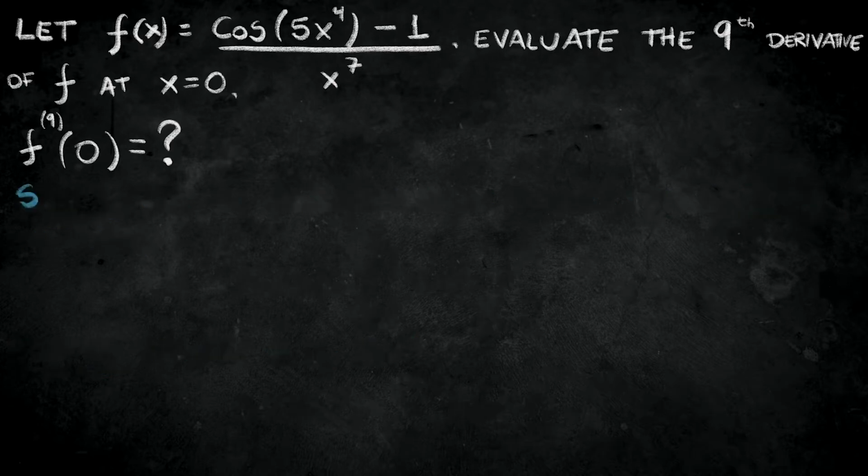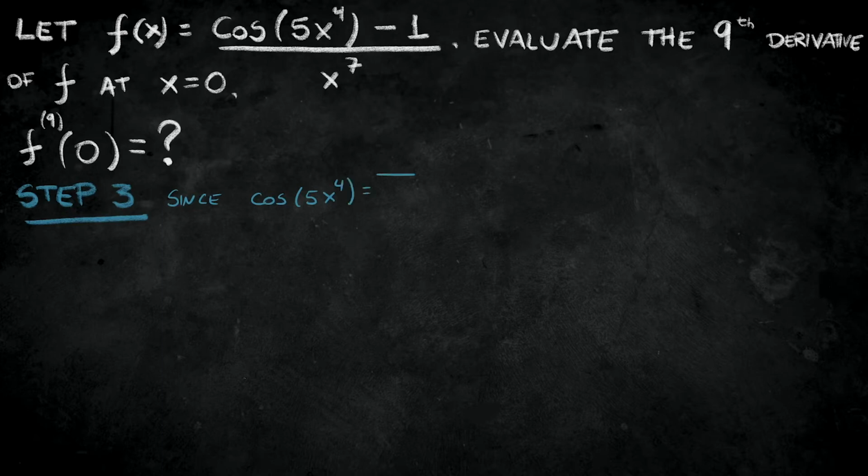Great. Now, step 3. Since cosine of 5x to the fourth is equal to that, I can write it down in a different way. Let's apply n equals 0 in my series and take this term out of the series.